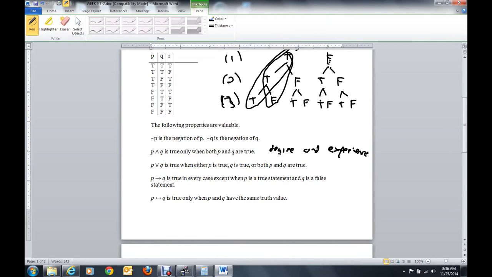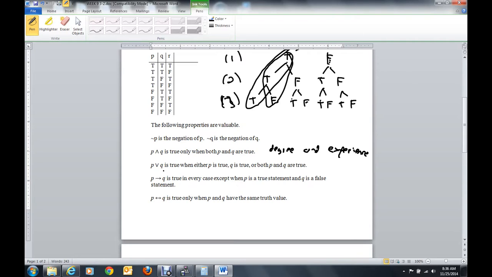Now, in order to apply, you have to have the degree and experience. So if you have both of those, if both of these are true for you, then you can apply. So it's true that you can apply. Now if you only have one of these or none of these, then you can't. So it's a false condition for you to apply.